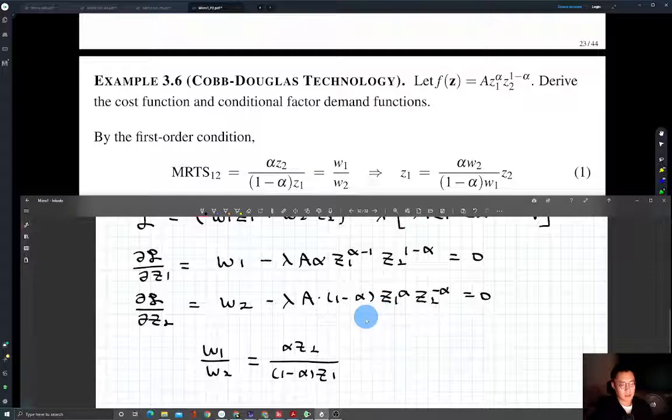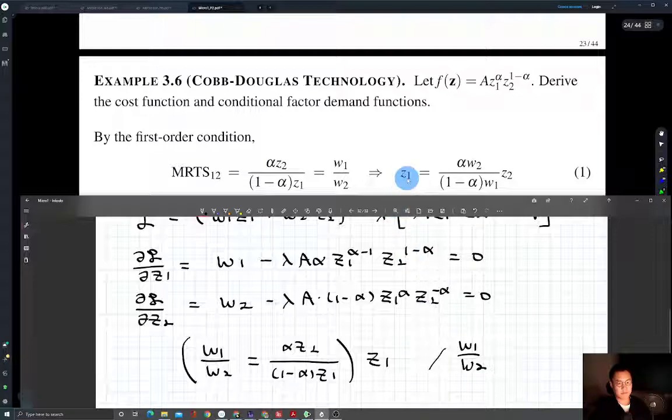All right, and then I can solve this equation for z1. Multiplying both sides by z1, and then dividing by w1 over w2, I have a solution for z1.